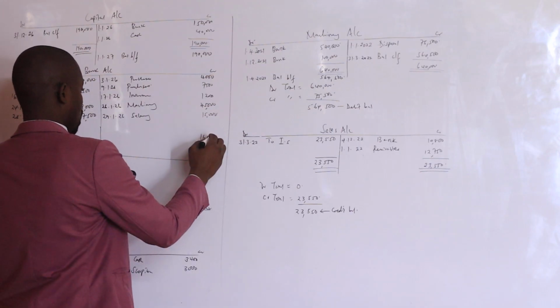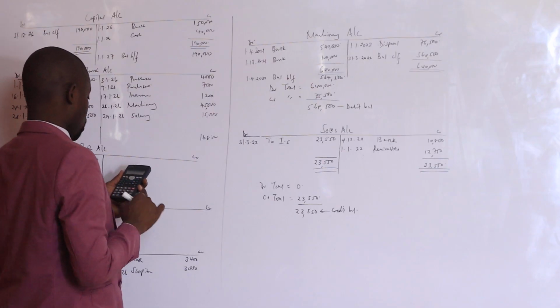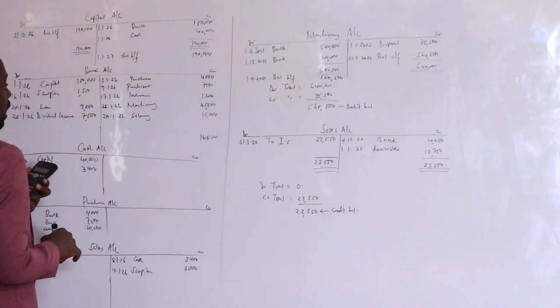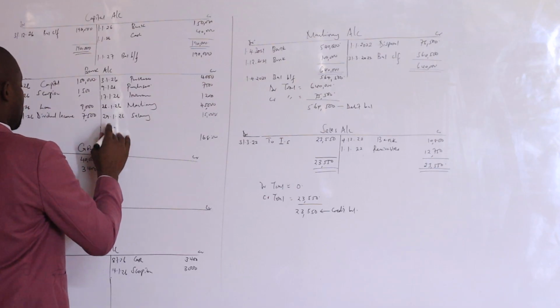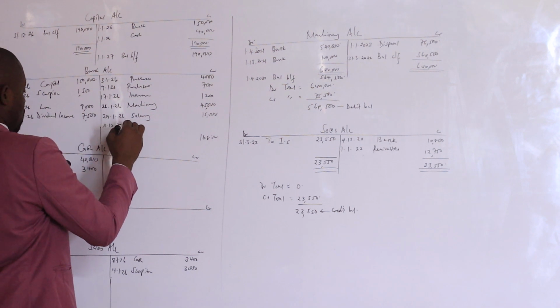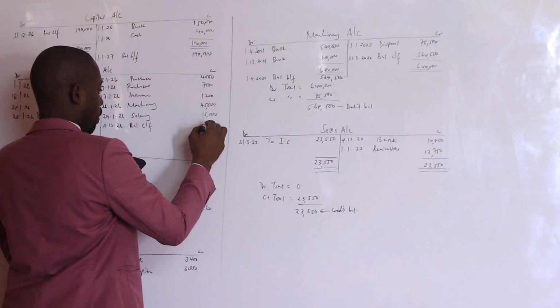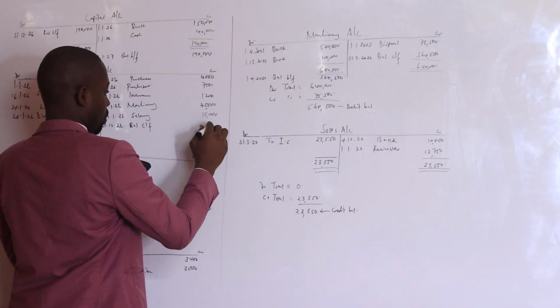So from 168,000, we have 95,300. So on the credit side, 31st December 2026, balance carried forward 95,300.